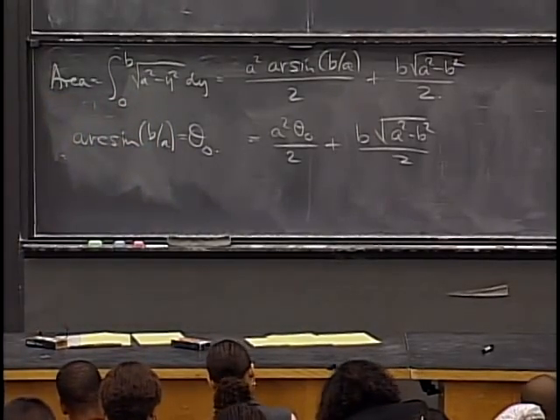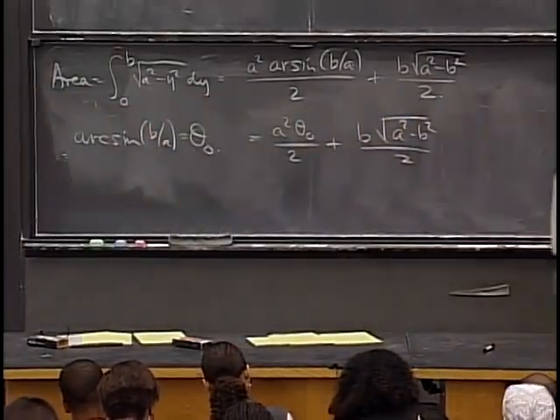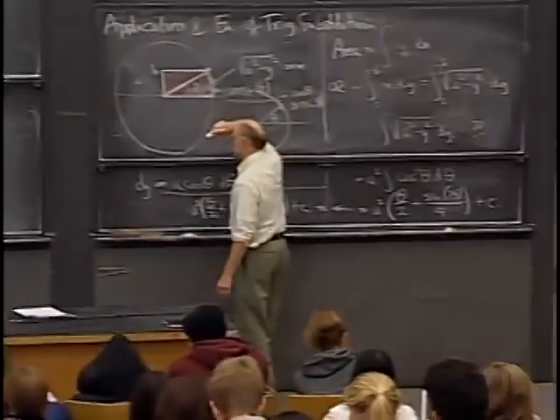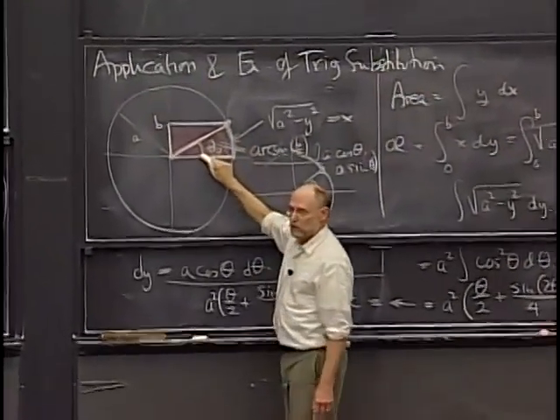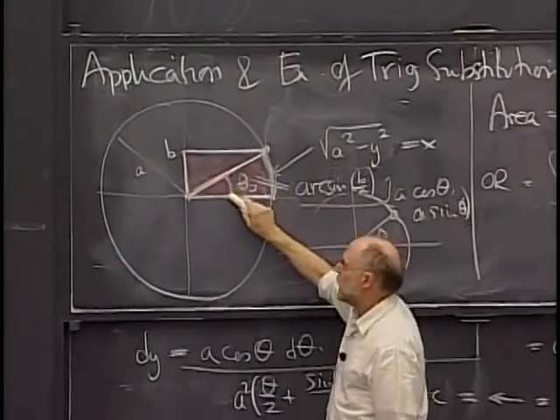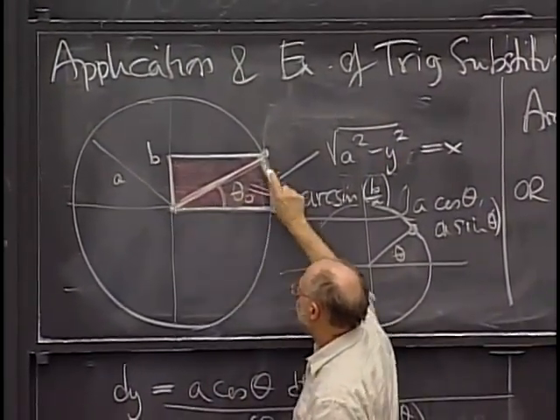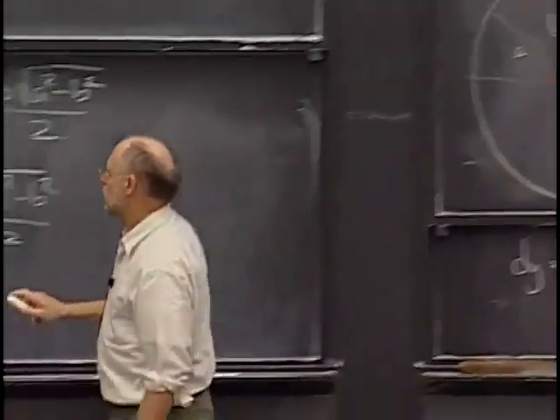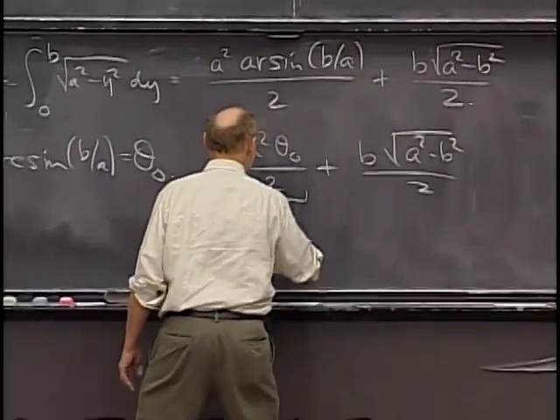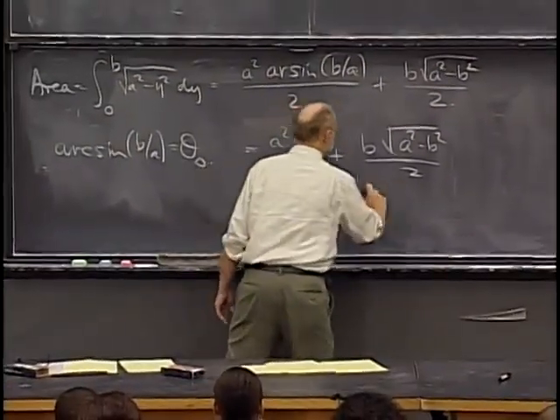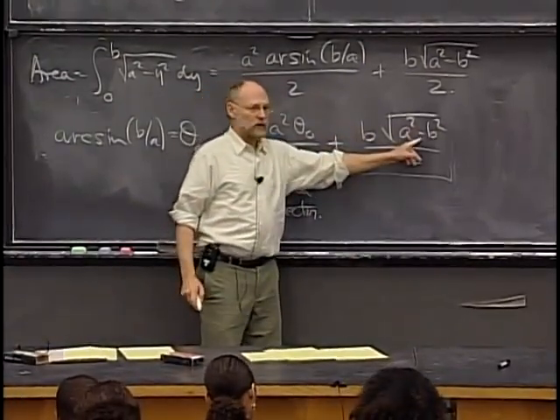Let's just think about this for a minute. I have these two terms in the sum. Is that reasonable? The first term is a squared, that's the radius squared, times this angle times a half. Well, I think that is exactly the area of this sector. A squared theta over 2 is the formula for the area of the sector. And this one, this is the vertical elevation, this is the horizontal.